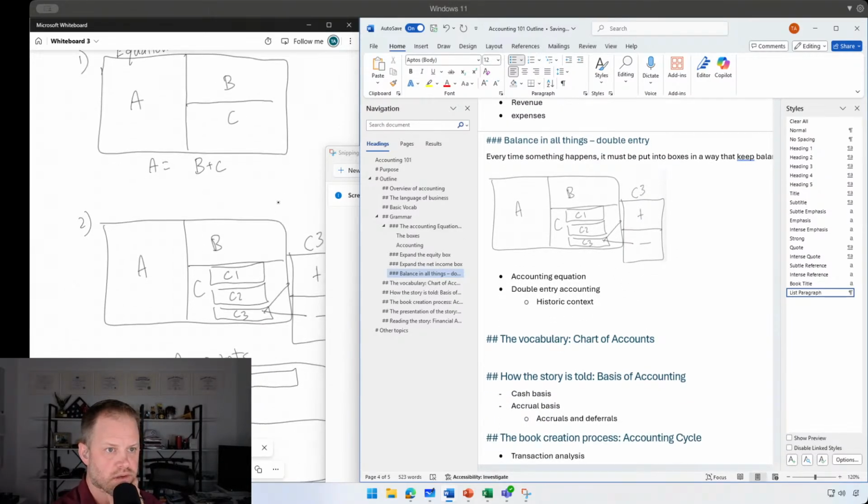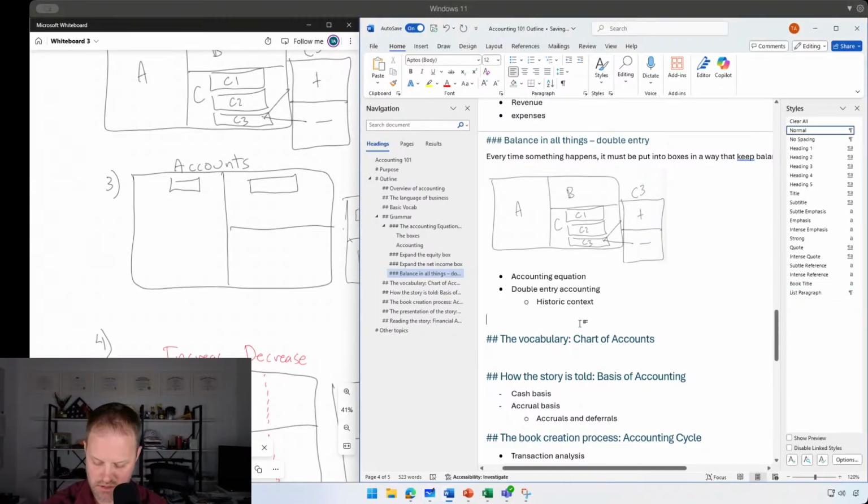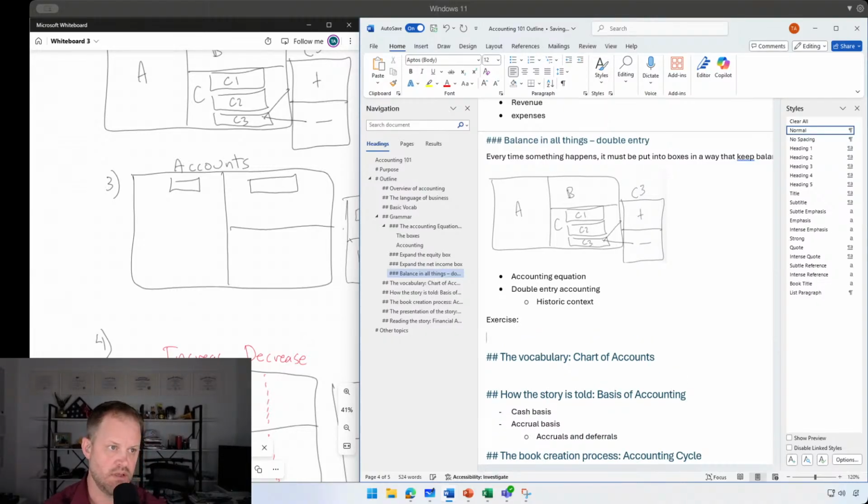So then exercise: something happens, place it into the boxes and keep balance.